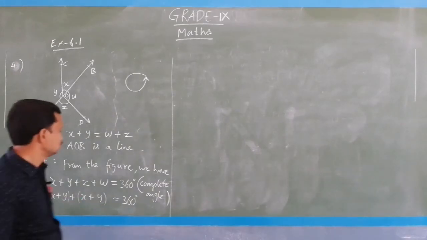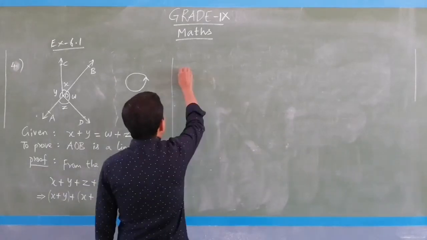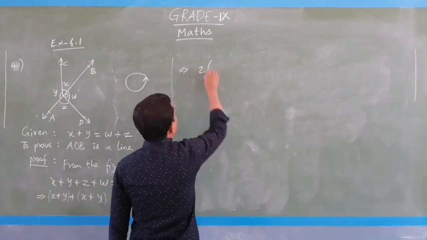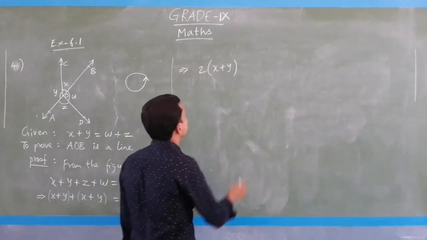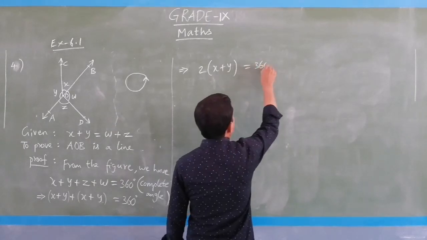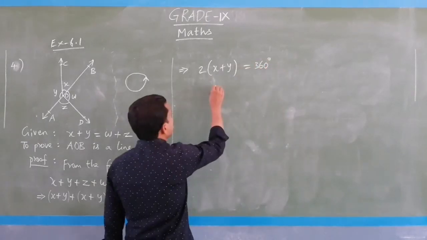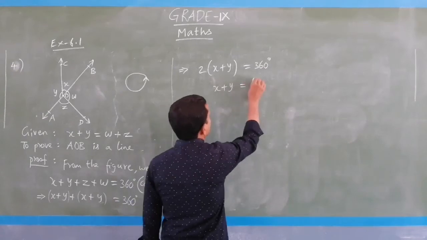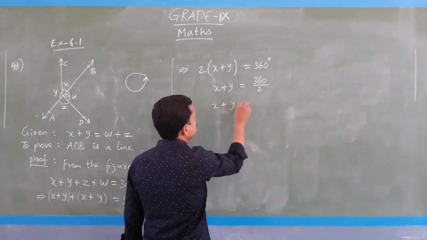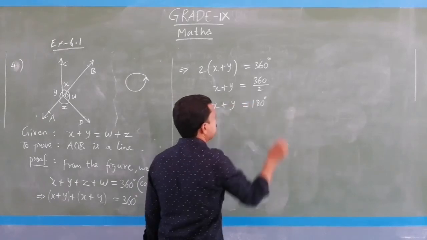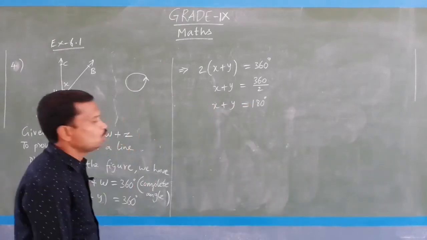So, we can have 2 into x plus y equal to 360 degrees, and now we can write x plus y equal to 360 by 2, which is nothing but 180 degrees. x plus y equal to 180 degrees.